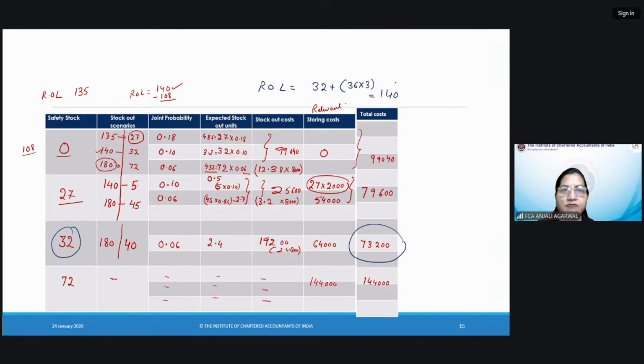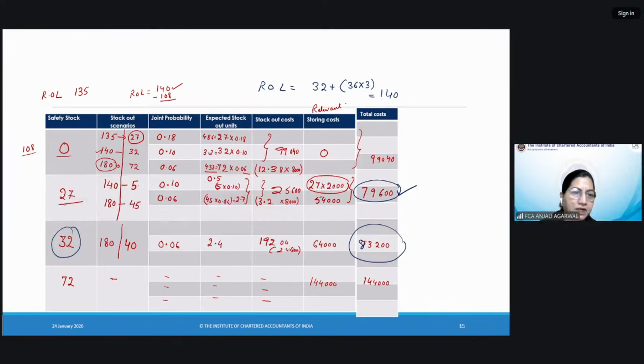So if I keep a reorder level at 140 units, right? 83, I'm sorry. Yeah, okay, so sorry. It's 83. So this situation is better. Thank you for pointing that out. Pushpender, thank you. So 79,600 is the best.